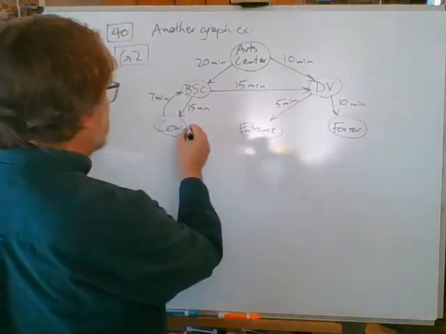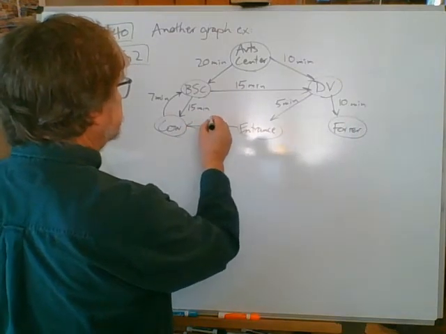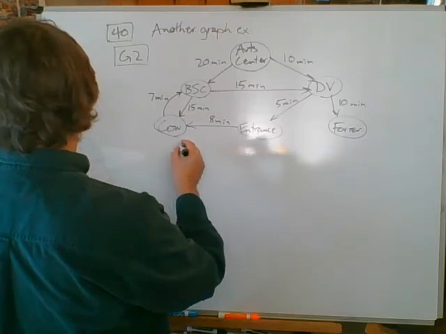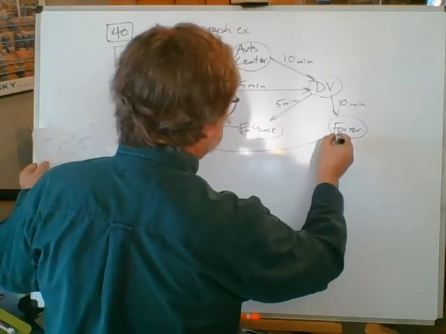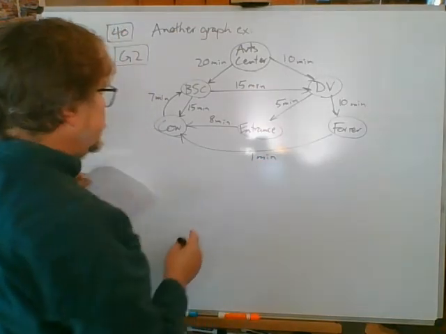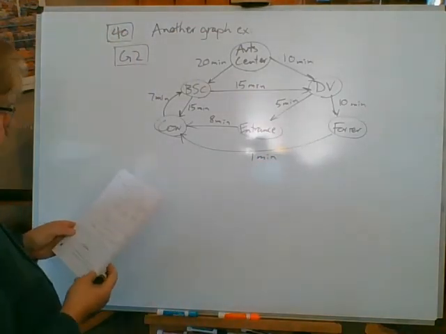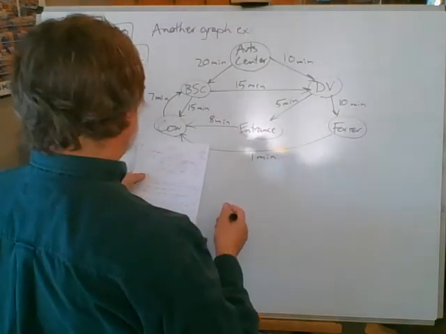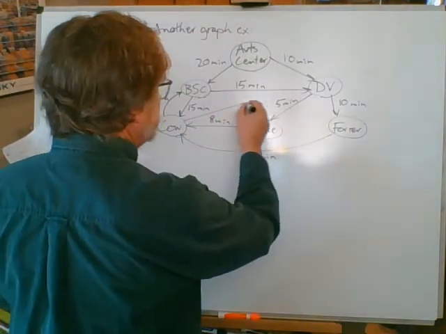Oh, entrance to Cowgill is 8 minutes. And Forer to Cowgill is 1 minute. Hoofing that one. Forer to Cowgill. Is that all the arcs I want? No. Dalton Voigt to Cowgill is 2 minutes. Just gotta squeeze an arrow in here somehow.